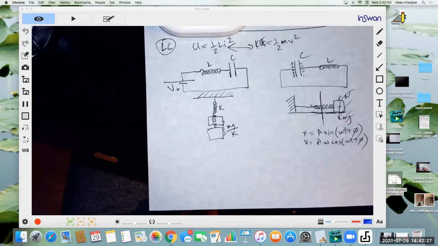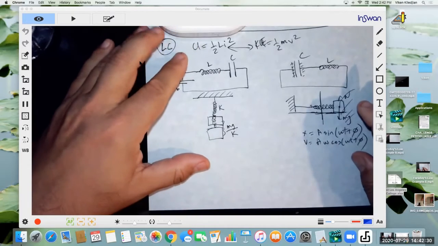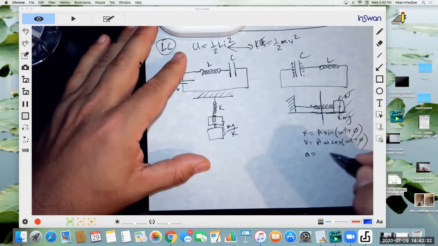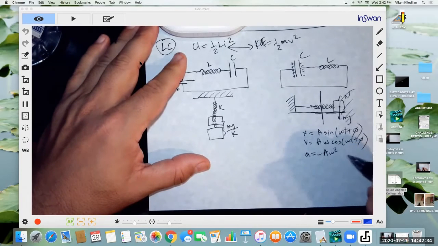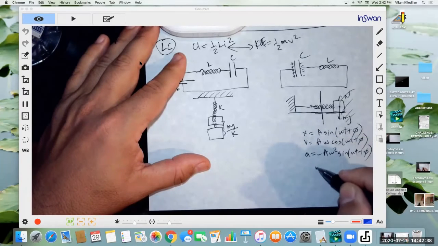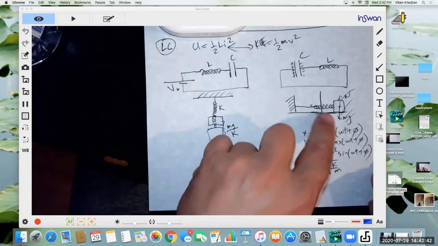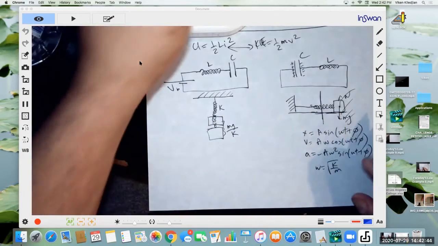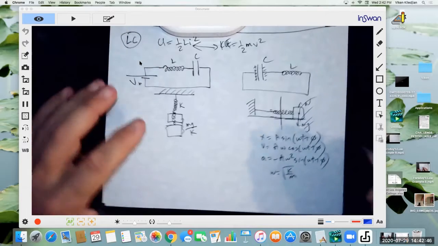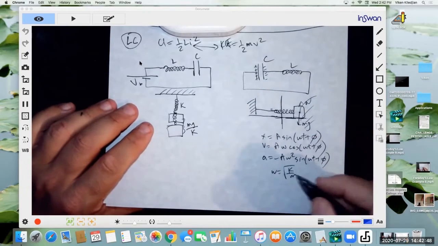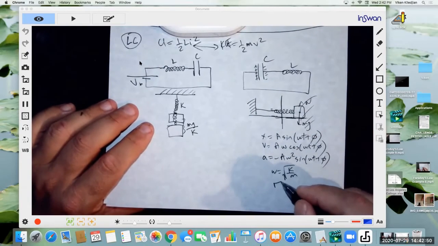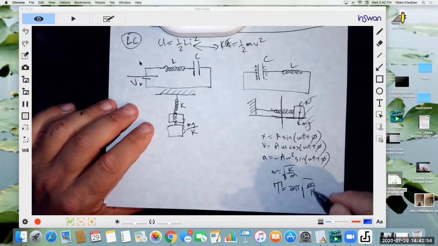So this is again from Physics 101. And a is negative A omega squared sine of omega t plus phi. And omega is equal to the square root of k over m, where k is the spring constant, and m is the mass of the block. And then the period of the motion is 2 pi square root of m over k.